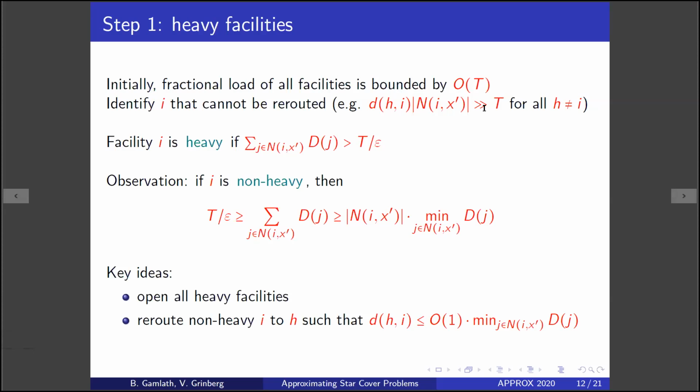We will try to get rid of all heavy facilities by integrally opening them, and then find a way to reroute non-heavy facilities, so that the facility distance is bounded by the minimum average distance of a routed facility. By doing so, we may hope to guarantee that the additional load after routing will not become too large, as we will have an upper bound of T over epsilon.